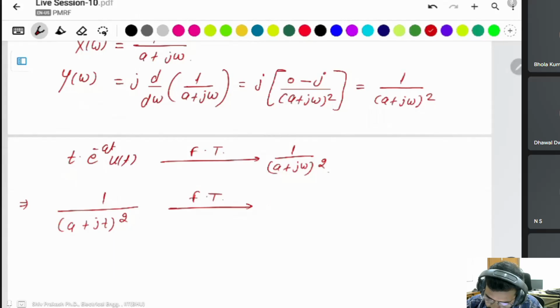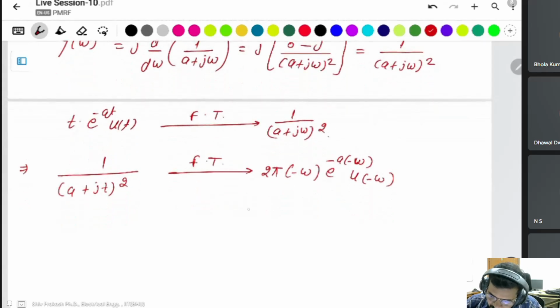Simply you know, 2 pi, in place of t put the value of minus omega, then e to the power of minus a t, in place of t put the value of minus omega, into u in place of t minus omega, minus 2 pi omega into e to the power of a omega u of minus omega.